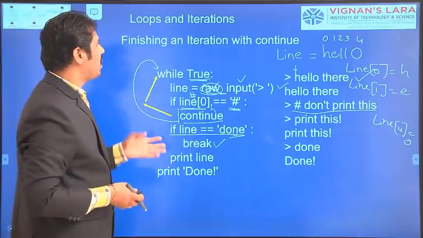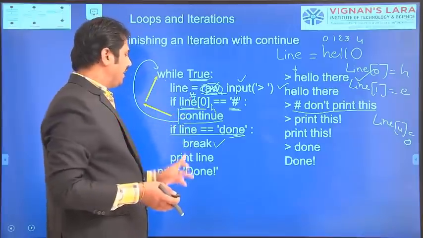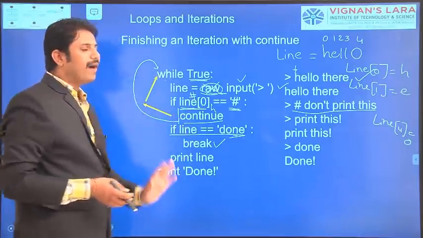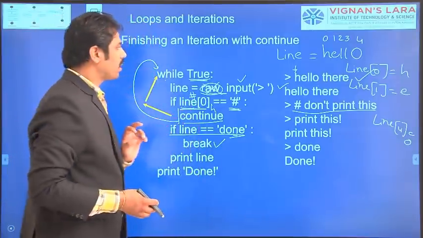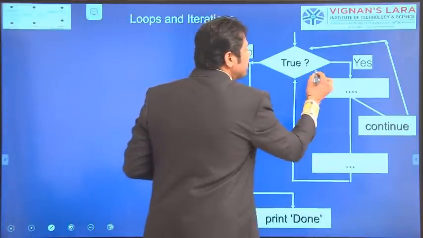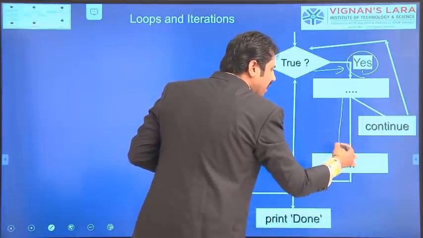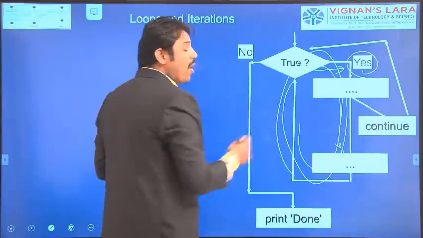Okay. So, this is the simple example for continue and break statements. To avoid infinite looping, we use continue and break. Here we have to see this: if it is true, if it is else, you check the condition, and this loop is continuously going on.